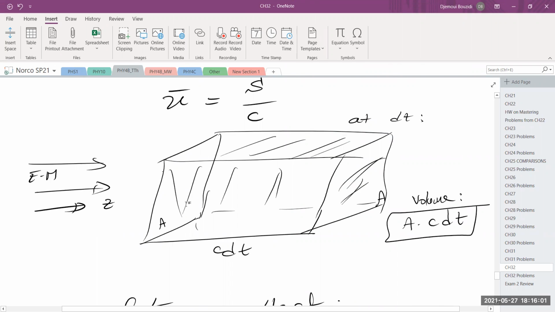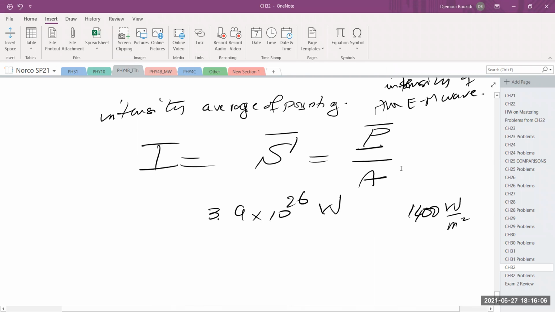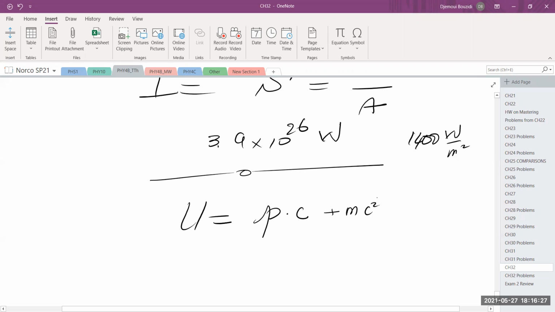So the energy is being delivered to it at the rate of the power. There is a relationship, and I know that Maxwell had an argument for it, but it's a really long argument, where the energy, for which I use the symbol U all the way through this class, is equal to the momentum of the particle times the speed of light plus mc squared.